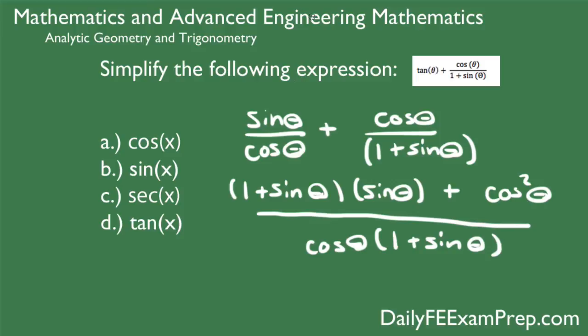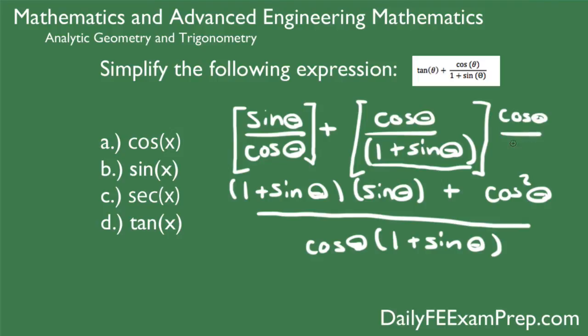Just to reiterate, all we did was multiply each fraction by the opposite denominators in terms of 1. For the second one, we did cosine theta over cosine theta, and for this one, we did 1 plus sine theta over 1 plus sine theta. And that's how we came up with what we got down here at the bottom.